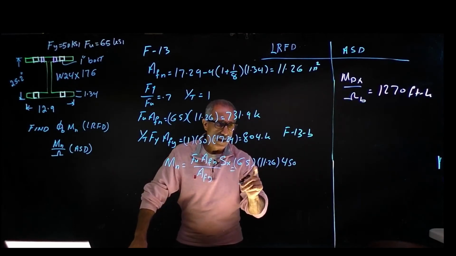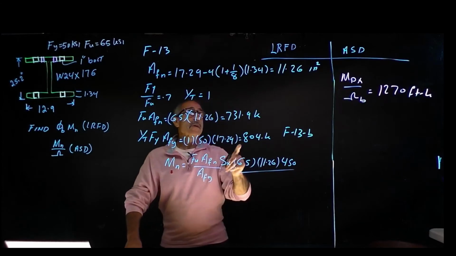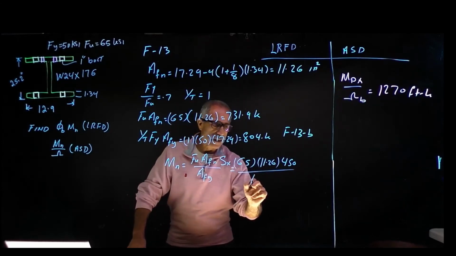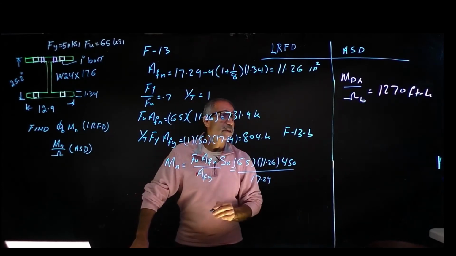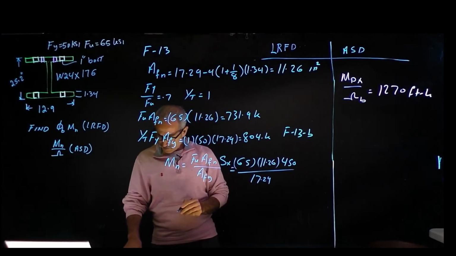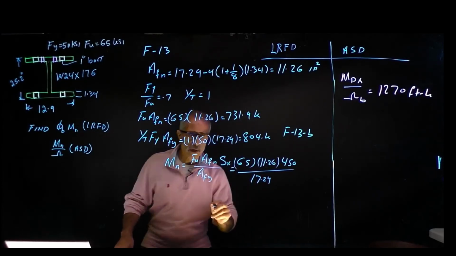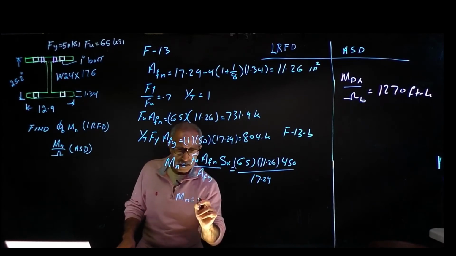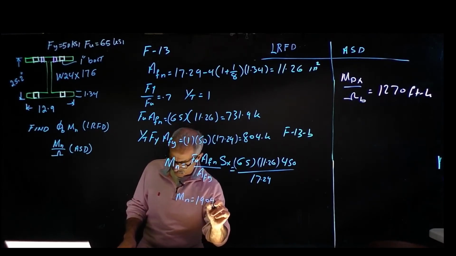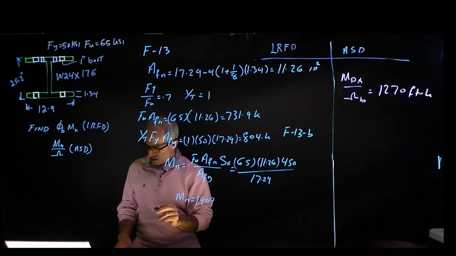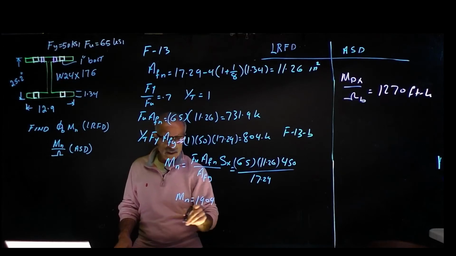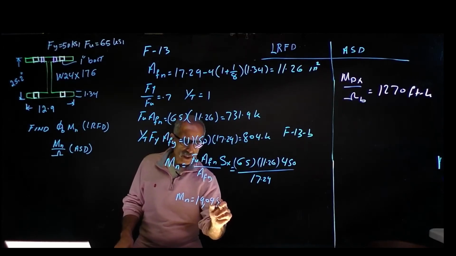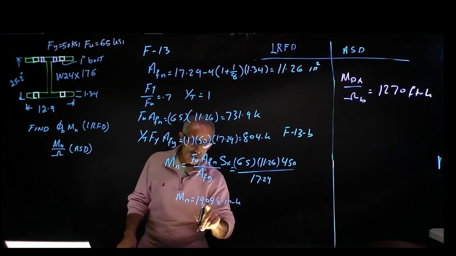And AFG came out to 17.29. So now I have Mn comes out to 19,048 inch kip, but I want to make that a foot kip.